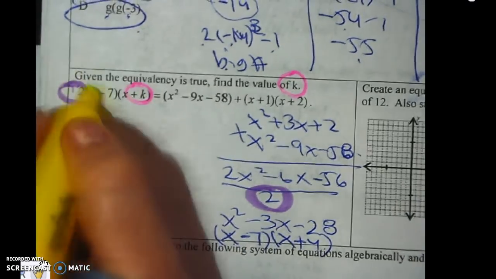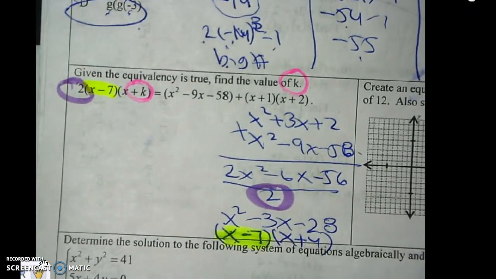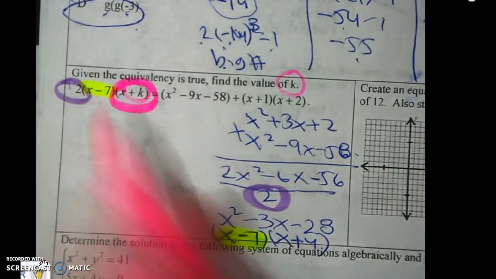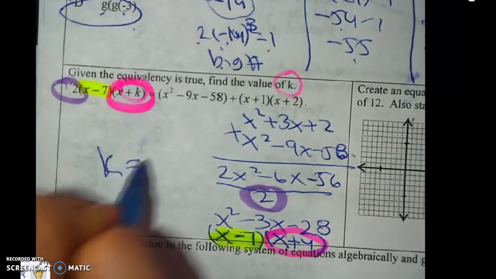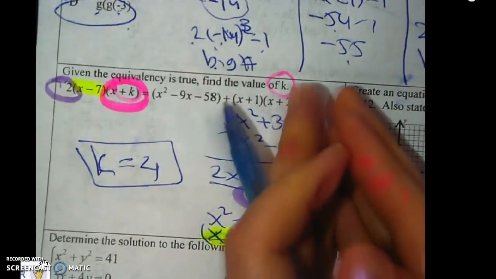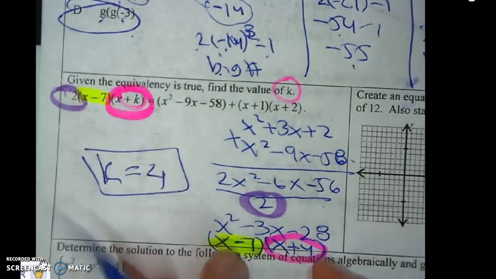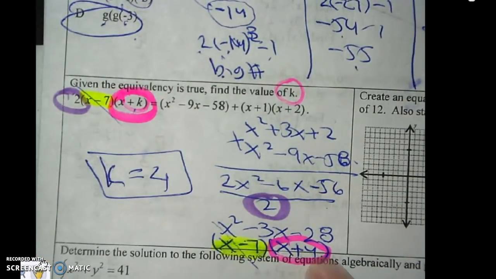See the x minus 7 that's right there? Oh my gosh, there it is. And then that means that if I have x plus k and I have x plus 4, k equals 4. Okay? So take care of the right side, simplify it as much as you can, then do some comparisons to see what are equal so you can narrow down what k is.